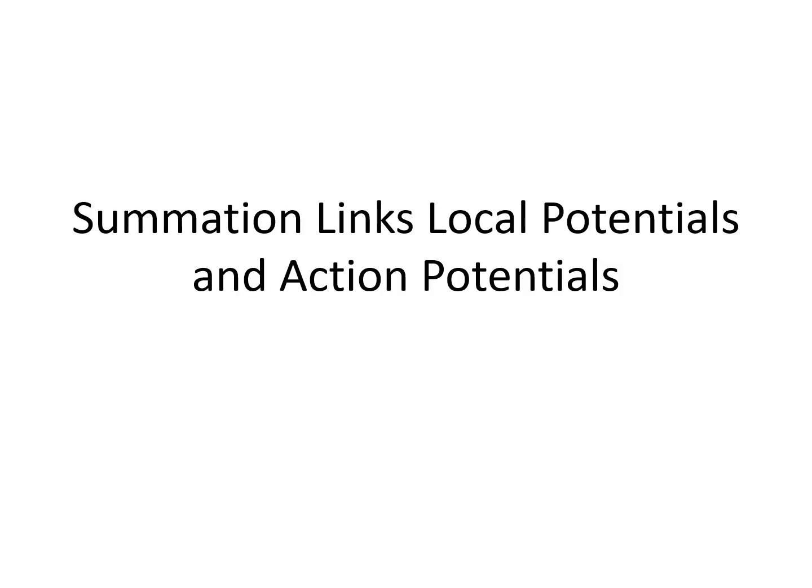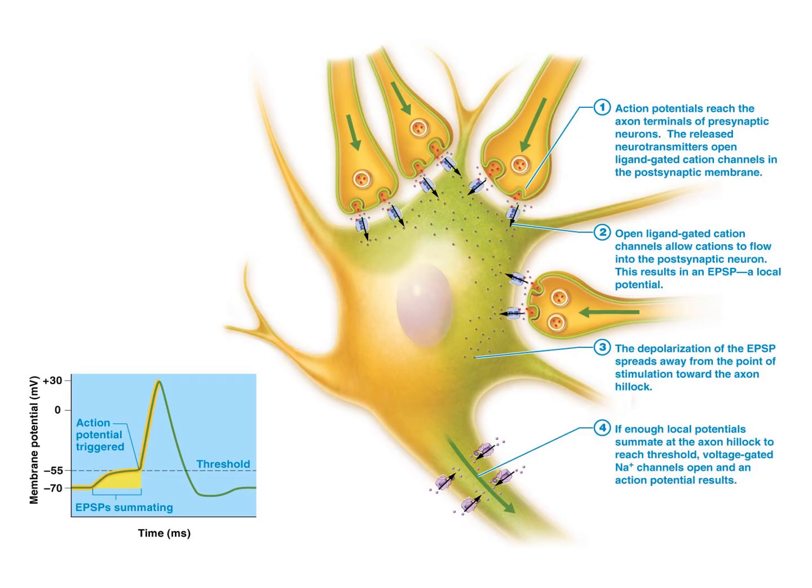So summation links local potentials and action potentials. Here in this picture, we have 4 different presynaptic neurons providing information to this one postsynaptic neuron.